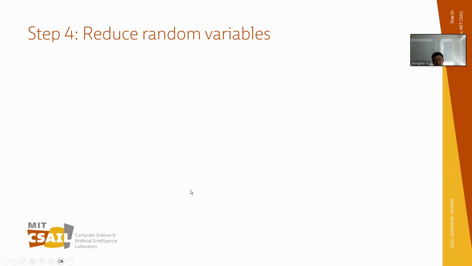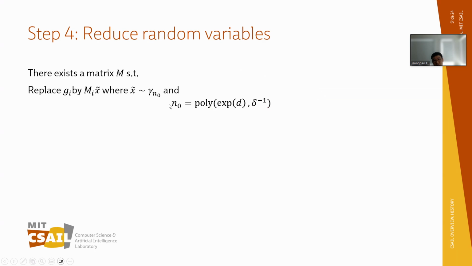So in step 4, we are going to reduce the number of Gaussian variables. This is a technique we borrow from the classical literature. We show that there exists a matrix M such that we can replace Ji by the inner product of Mi and this random vector x tilde, where each entry of x tilde is an independent random Gaussian, but the length of x tilde is n0, which is also independent of n.